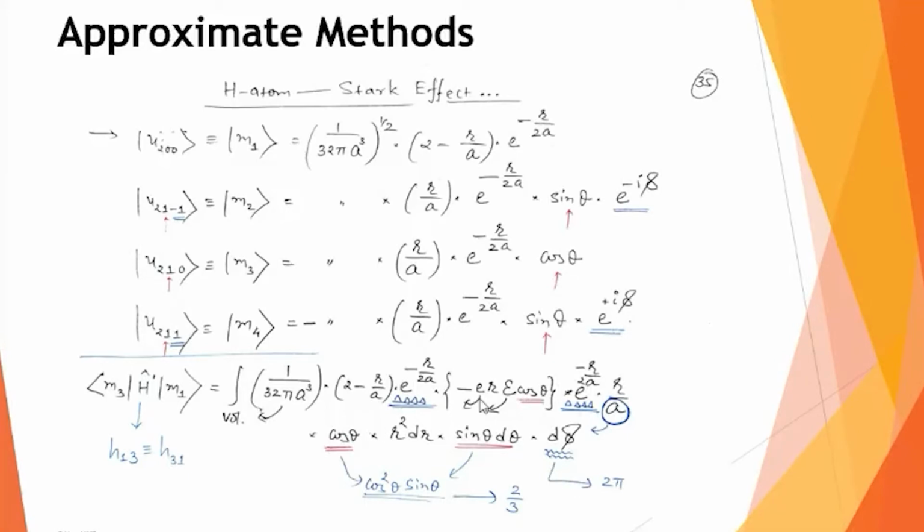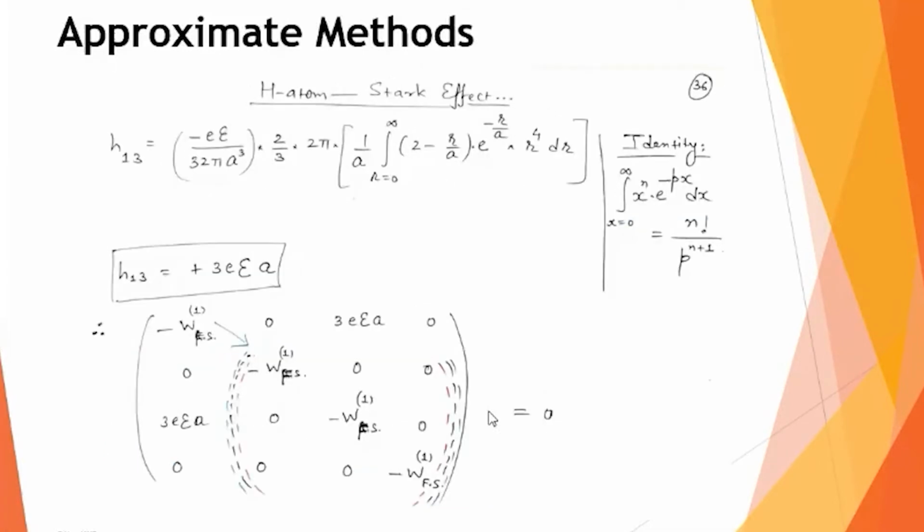This cos square theta multiplied by sin theta d theta, when integrated between 0 and pi, as we have done previously, gives 2 by 3, and all the R dependent part I am writing together. So it is more or less the same type of calculation. When I do it, I get this. This 2 pi comes from the phi integration. This 2 by 3 comes from the theta integration.